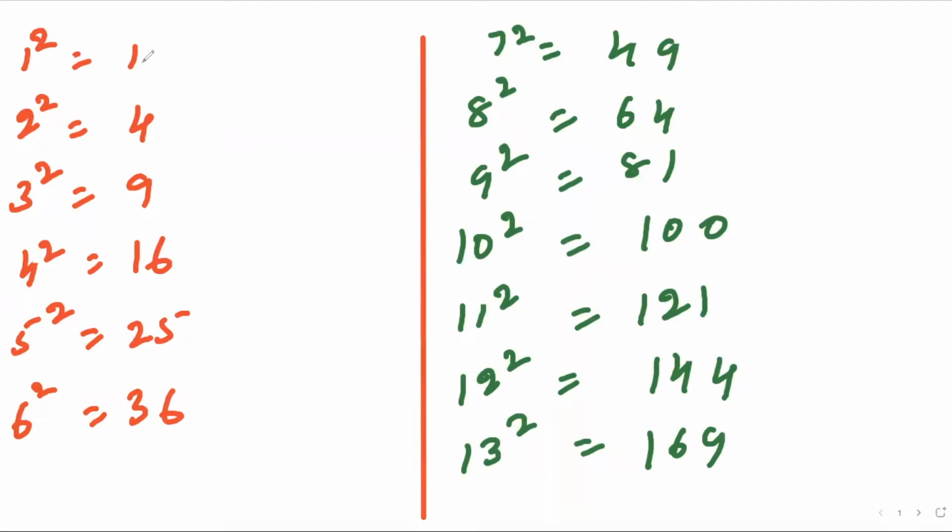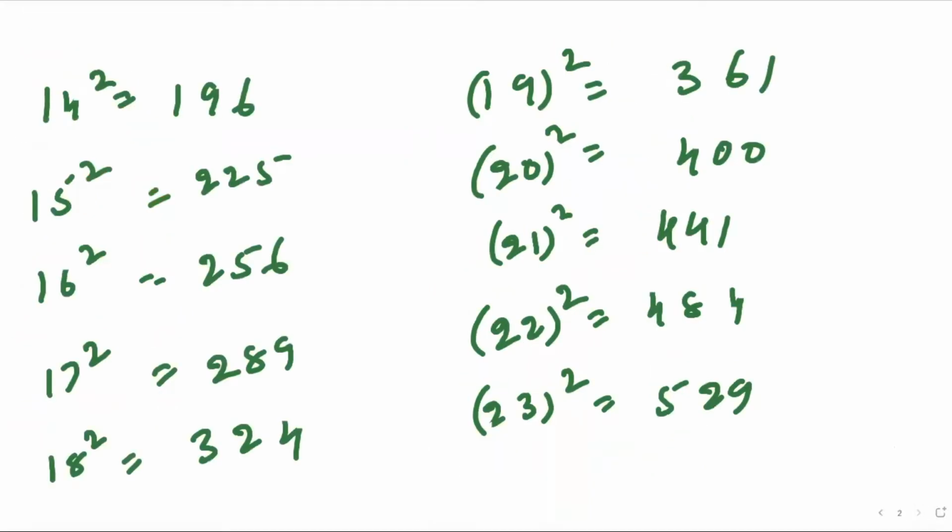Please write down on paper 1 square up to 30 square. I wrote up to 23 square, and this is fine for me, but you have to learn up to 30 square. And the most important point to solve square roots is that you need to learn one table.